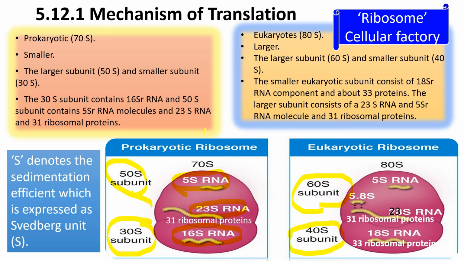So this is about the prokaryotic ribosome. In eukaryotes, the smaller subunit consists of 18S rRNA, then 33 ribosomal proteins. The larger subunit consists of 28S rRNA and 5S rRNA, then 31 ribosomal proteins. So the difference is in the presence of ribosomal proteins.